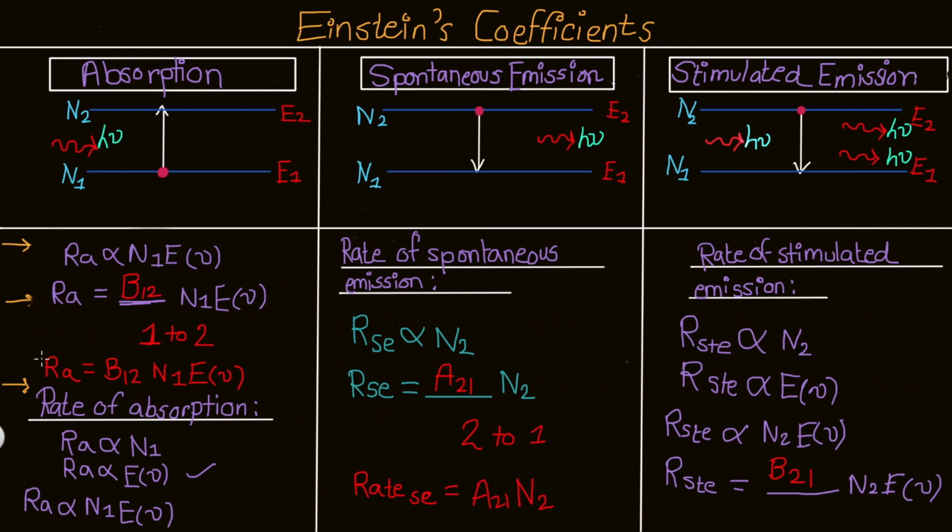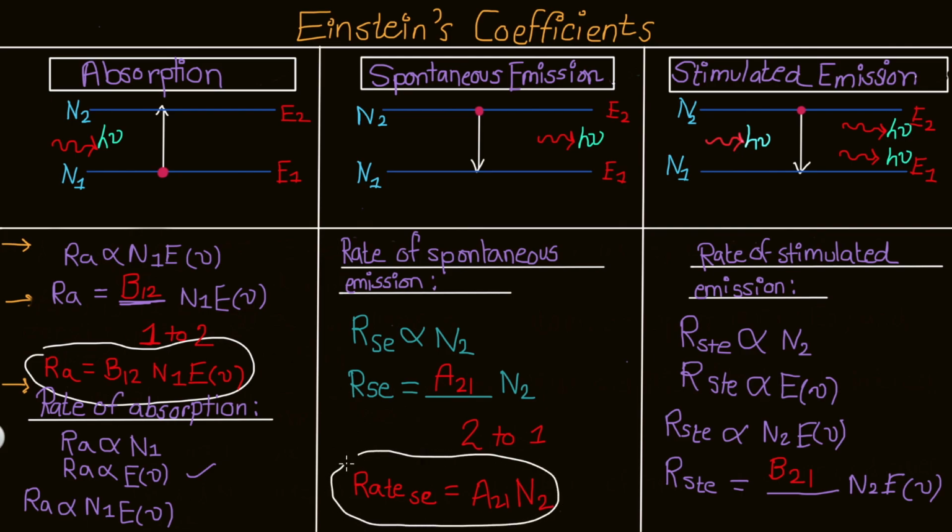So these are our final equations, right? Over here, this one. It's a bit messy, but I think you get the point. Over here, this one. And this one. Now we will look at how they're related. We just needed these 3 basic equations: the rate of absorption, the rate of spontaneous emission, and the rate of stimulated emission.